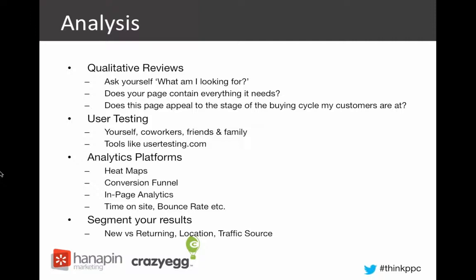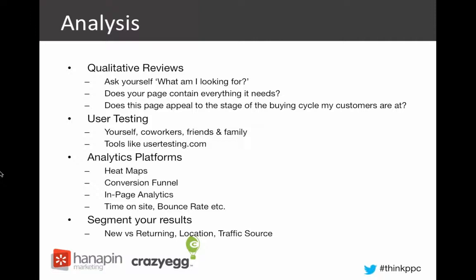We're usually doing our analysis through either analytics or surveying tools like Qualaroo and SurveyMonkey. Cool. And I laid out some of Hannapin's methodology here. We normally start qualitatively, which is what we'll be doing on the webinar today, just looking through the site, seeing if there are obvious things that jump out at us. We move on to some user testing: friends, family, coworkers, surveys, video reviews like usertesting.com provides.